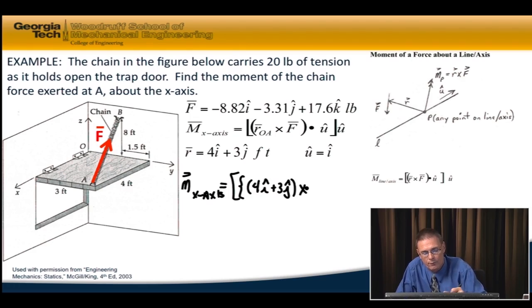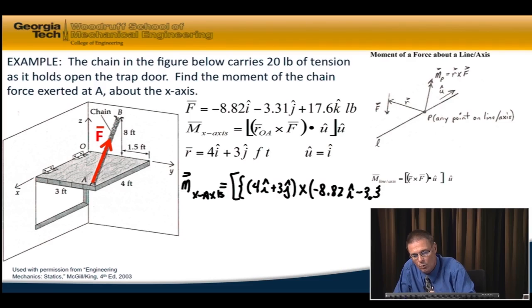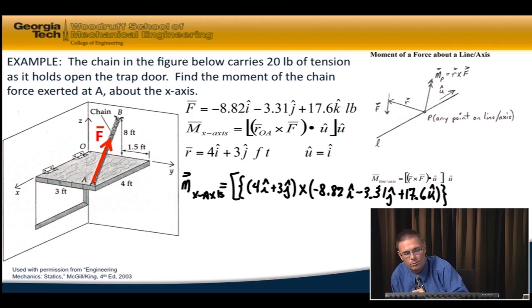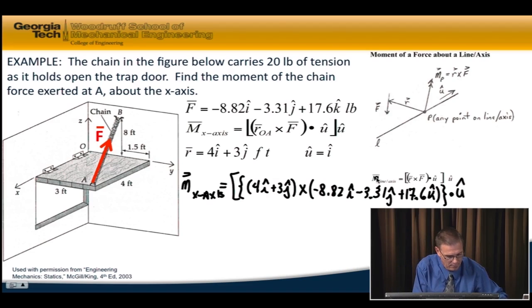We're going to cross that with the vector F. Vector F is minus 8.82i minus 3.31j plus 17.6k. And we're going to dot that cross product result with the unit vector in the u direction, which is i in this case. So I could write u, or that's also i.